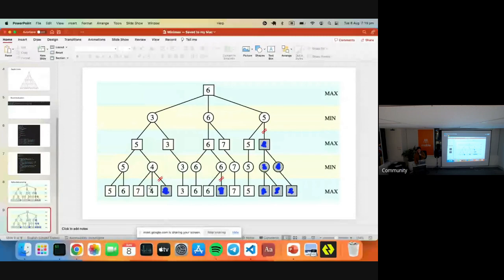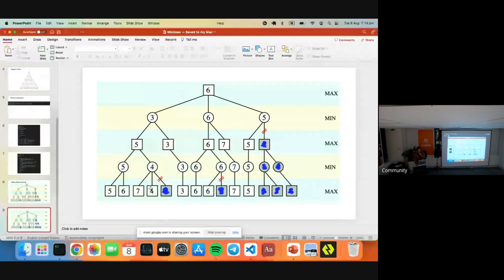So for alpha beta pruning to work, at first, alpha is for the maximizing player and beta is for the minimizing player. So at first, alpha would be negative infinity and beta would be infinity. So after the minimizing player gets 5, beta will become 5, and alpha would be negative infinity here.